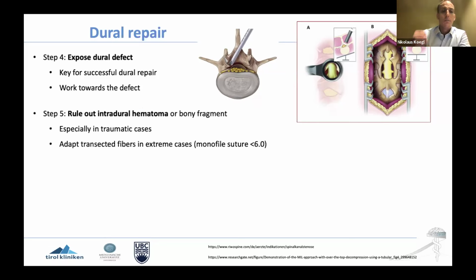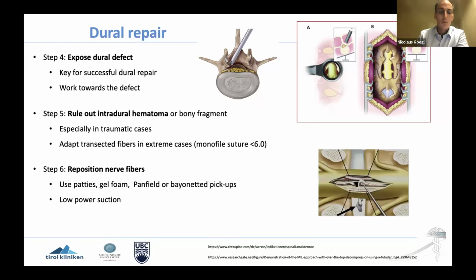In case of a trauma, please have a look if you see any intradural hematoma or fragment. I think that is key, not to leave any residual in there. And if you see any fiber disconnection or transection, you may use a small Prolene or monofil suture to readapt, but that really only makes sense if it's a single rootlet or so. Otherwise, it can get messy.